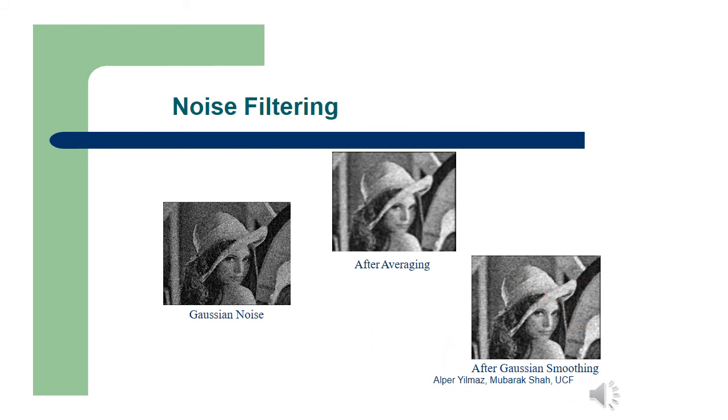It is different from the Gaussian which you studied previously, because the noise has the property of Gaussian. So it is called Gaussian noise, because the noise has those properties of average and weighted average.